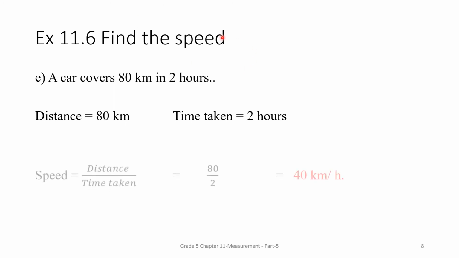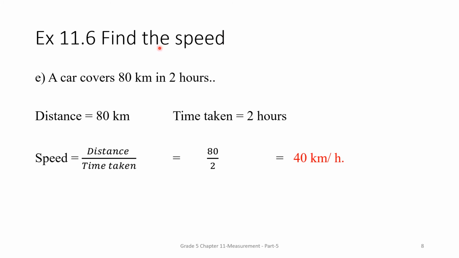Yes, distance by time taken. Correct. So here we have distance as 80 kilometers and time taken as 2 hours. Now we have to divide 80 by 2, which is 40 kilometers per hour. When you divide 80 by 2, you will get the answer as 40, and you have to write this unit. Here we have kilometer for distance and per hour for time. And the final statement: therefore the speed is 40 kilometer per hour. It means the speed of the car is 40 kilometer per hour.